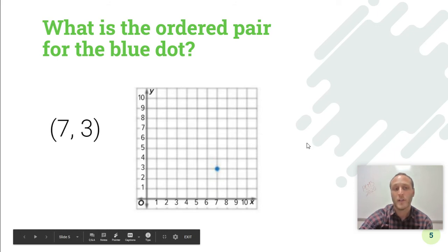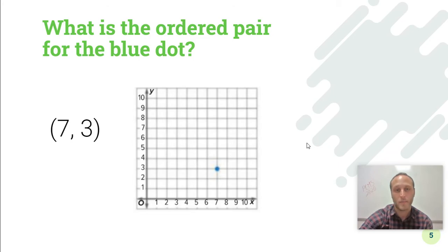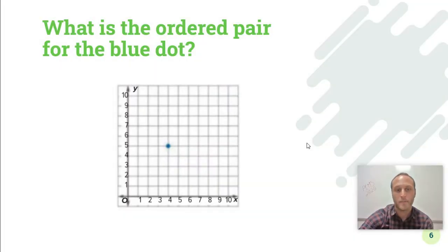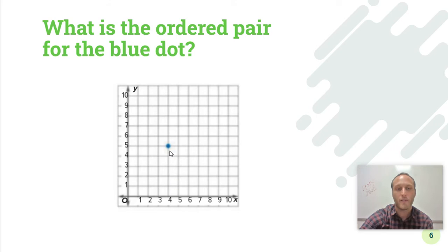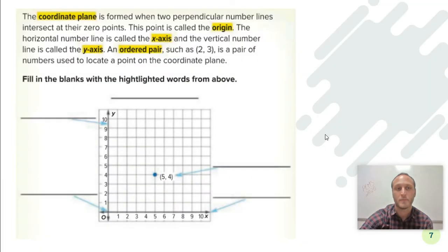So I would write the coordinate pair like this, 7, 3. Let's try another one. If you did this one correctly, you're going 1, 2, 3, 4 spots over to the right, and 1, 2, 3, 4, 5 spots up, which means the ordered pair for this one is going to be 4, 5. 4 is our x, 5 is our y.